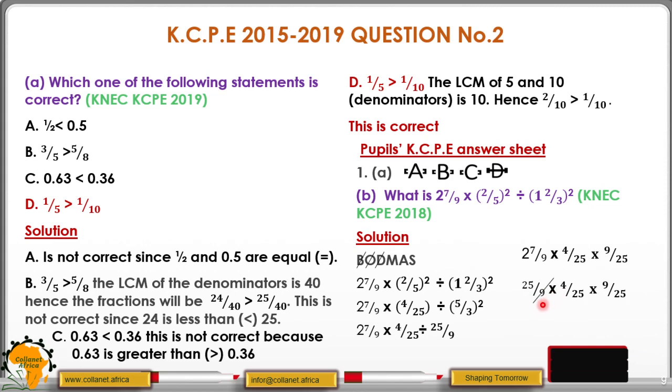So you cancel first. 9 by 9 gives 1, 25 by 25 gives 1, so you're left with 4 over 25. You check whether you have multiplication. You have it, but this is 1 times 1, so we are through with that. We don't have addition and we don't have subtraction, so our answer is 4 over 25.